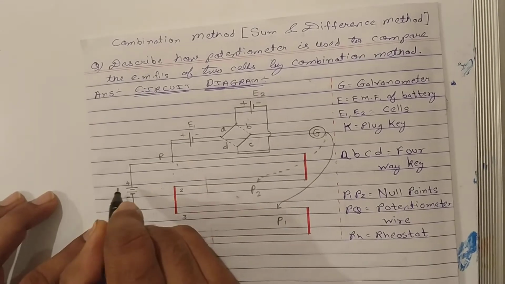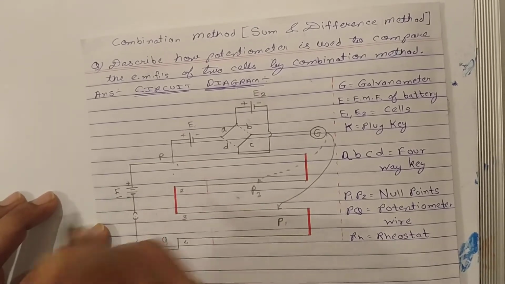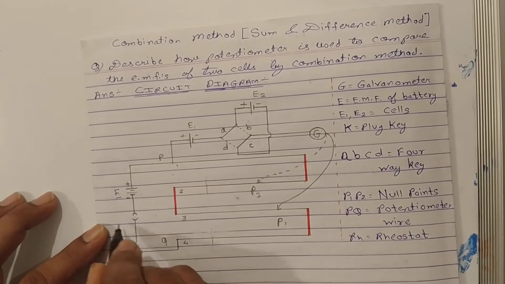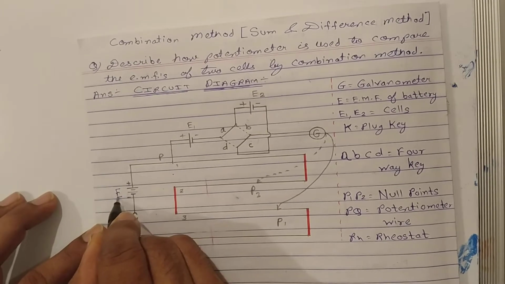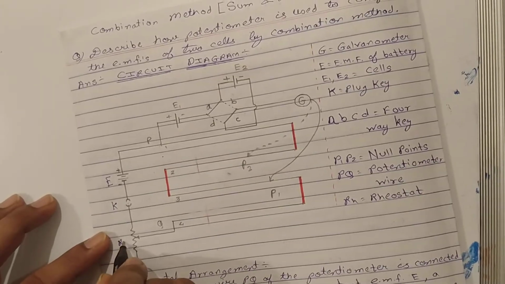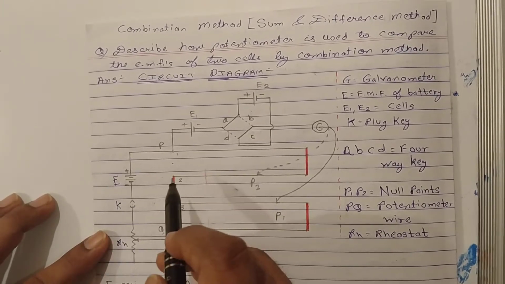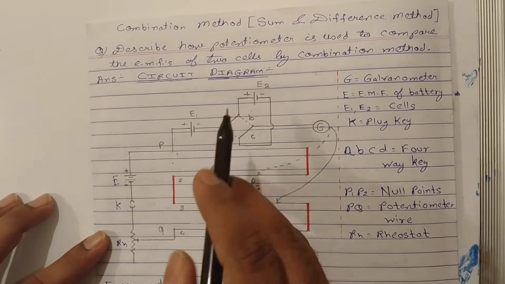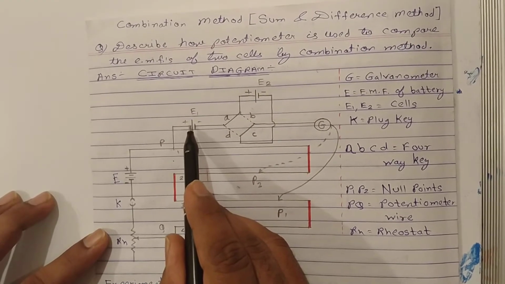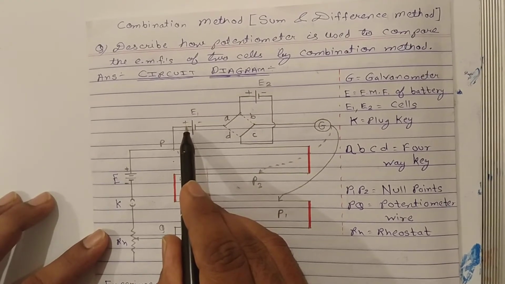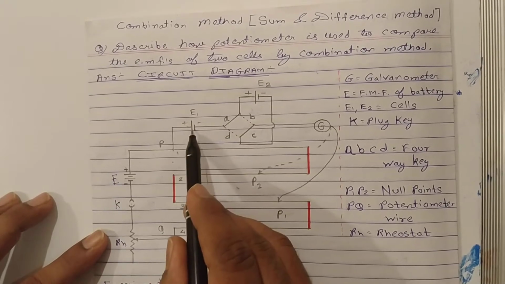It is connected in series with EMF of battery E, then plug key K and rheostat RH. But in the above portion, we observe that positive terminal of the battery E1 is connected to point P.